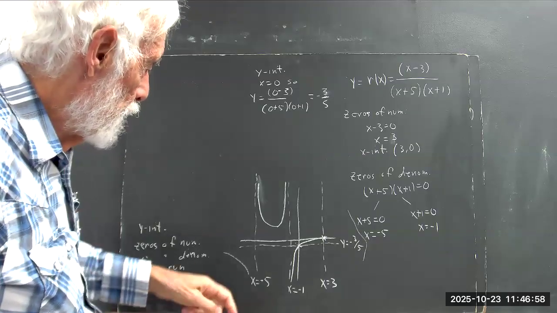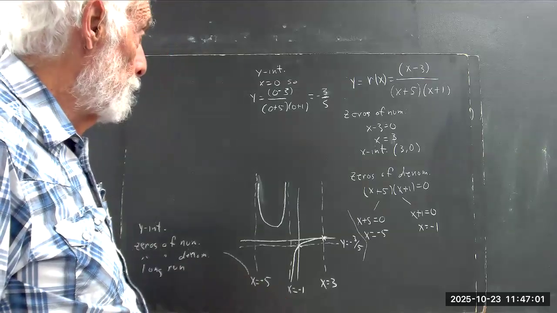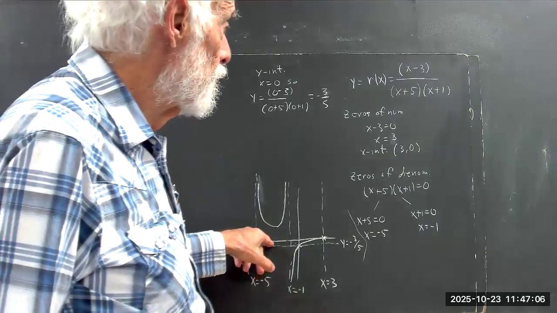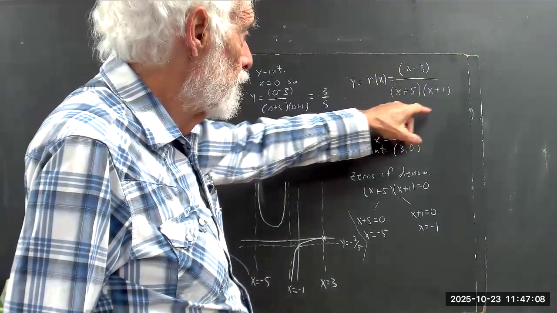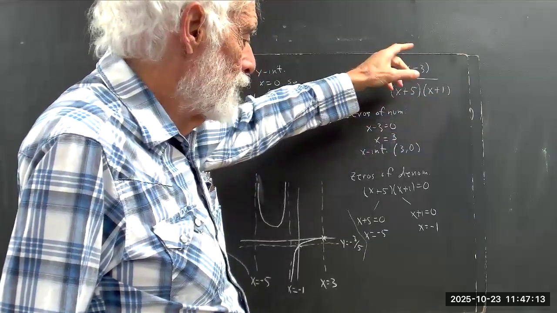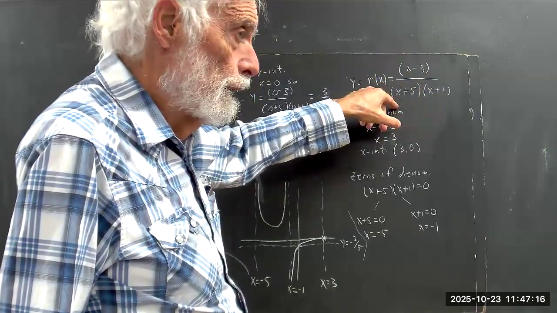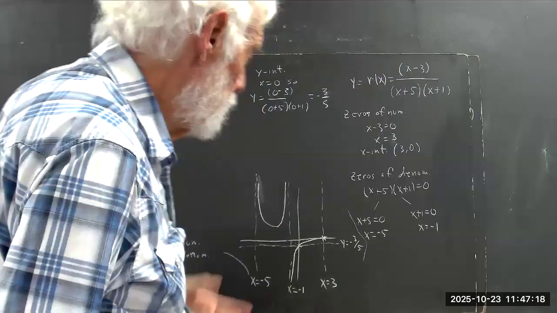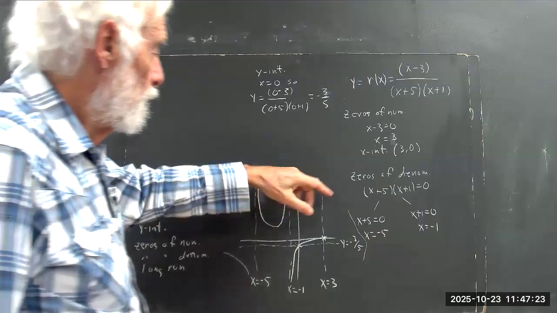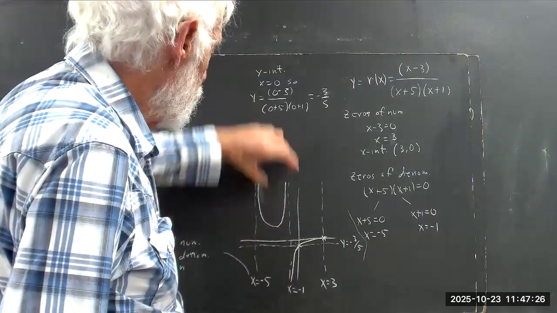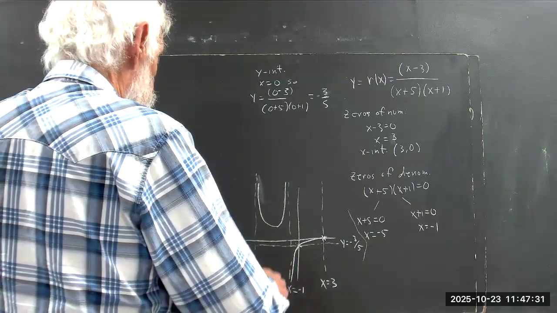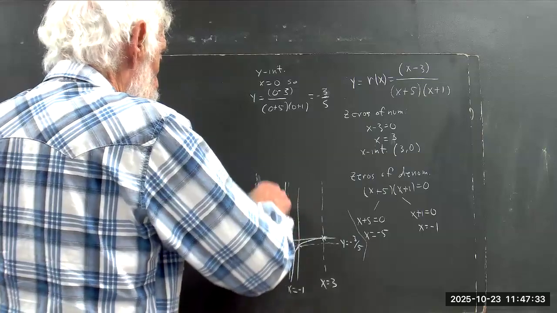You can see if x is between -5 and -1, for example, if x was -3, you get -6 over -2 times 2. It'd be negative over negative and a positive. Okay, it'd be positive. So at a point in between here, you could test and see whether this thing is up here or down here. At this point, without testing it, it might do this, or it might do this.